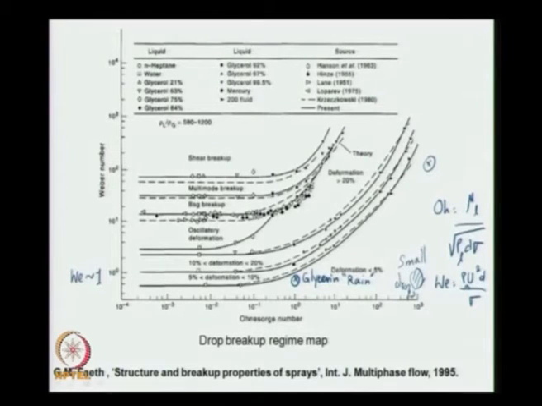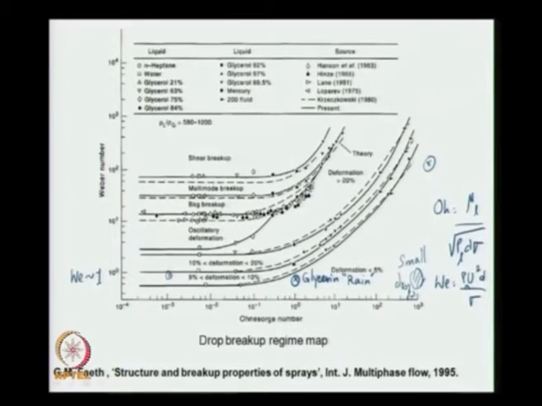So, let us take our own little raindrop, where we said the Ohnesorge number is about 10 power minus 3 and the Weber number is about 1. So, this is where we were. This is our typical raindrop. The deformation is expected to be between 5 to 10%, but that means that it is likely to oscillate with the net oscillation amplitude being limited to about 10%.